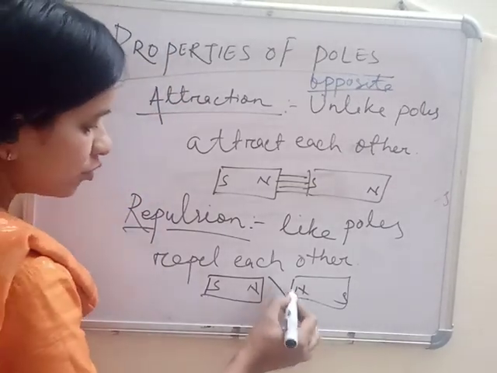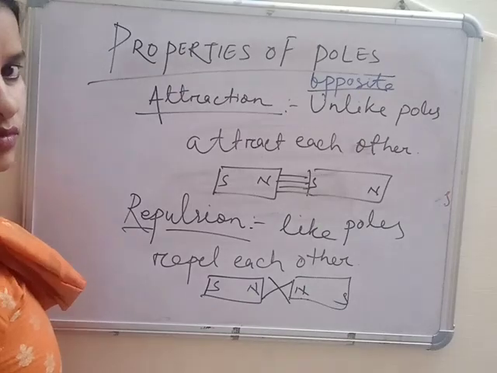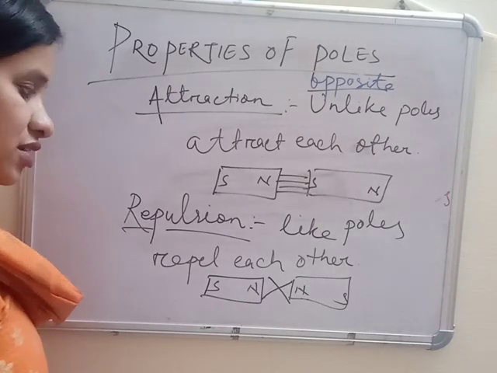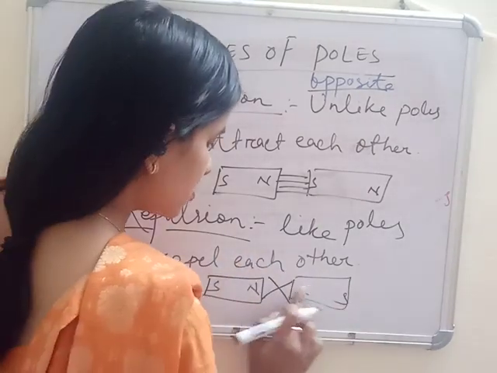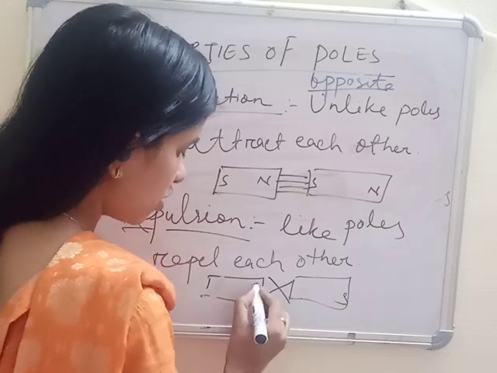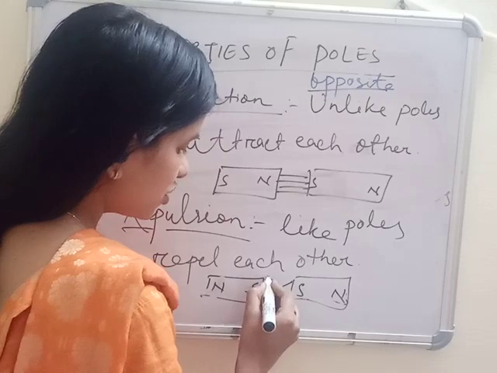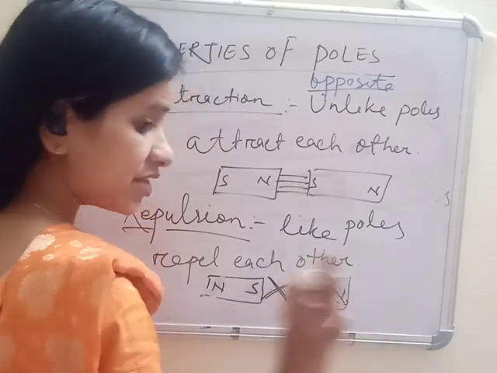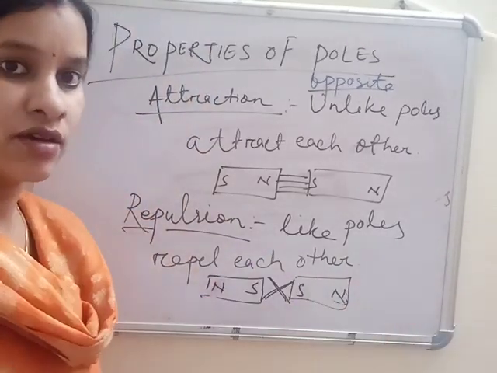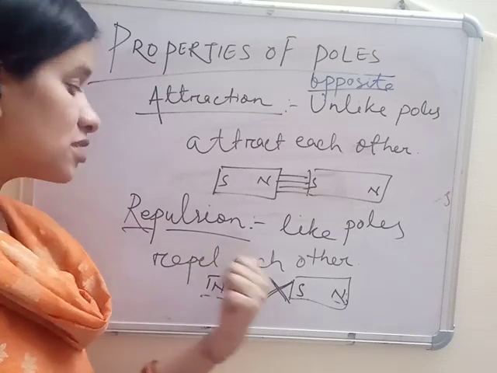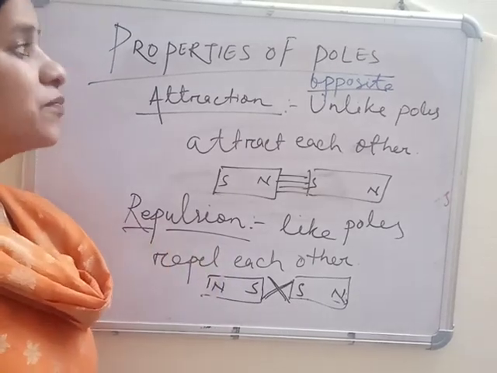The same poles are not going to attract. They are not going to attract. Also, if it is a south pole and the other side is south as well, then also there will be no attraction, they will repel each other, meaning separating from each other. It means repulsion. So it is a property of the poles.